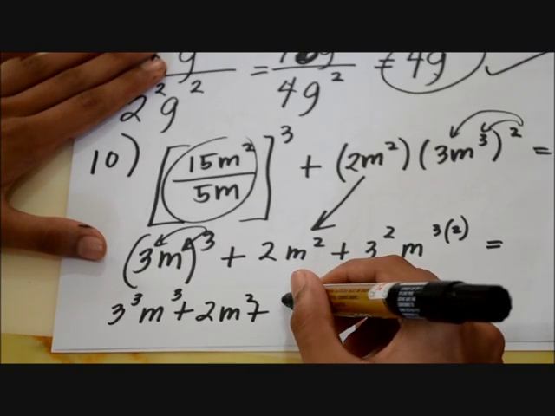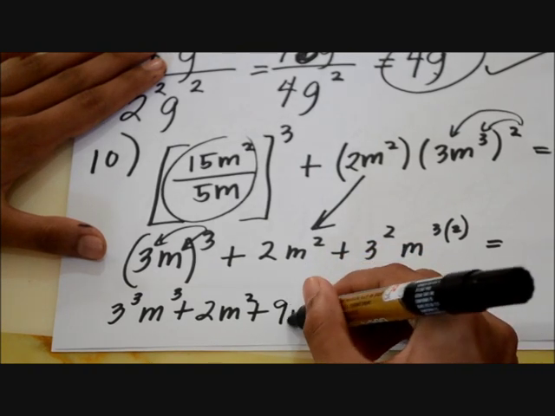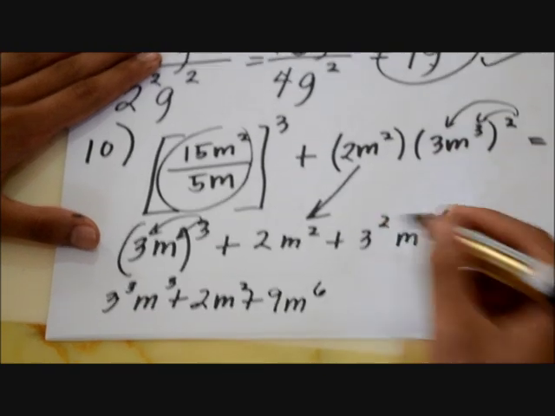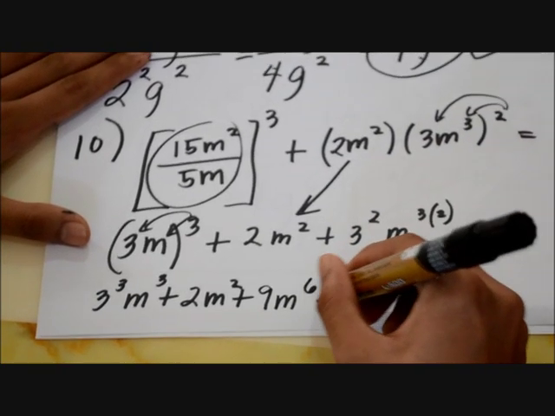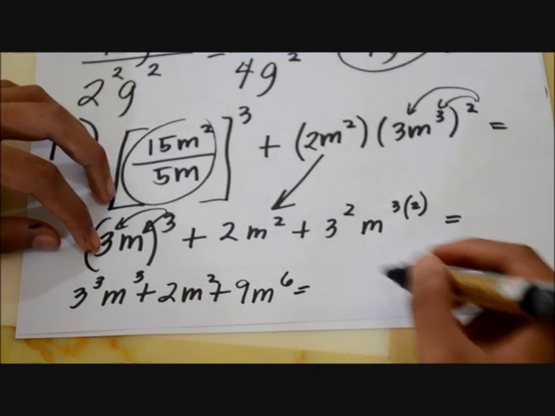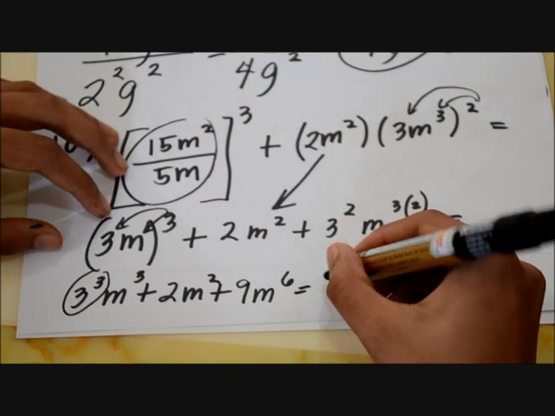Then we're going to simplify 3 squared plus 9 meters raised to the power of 6 equals, but don't forget the cubed constant, 3 cubed.